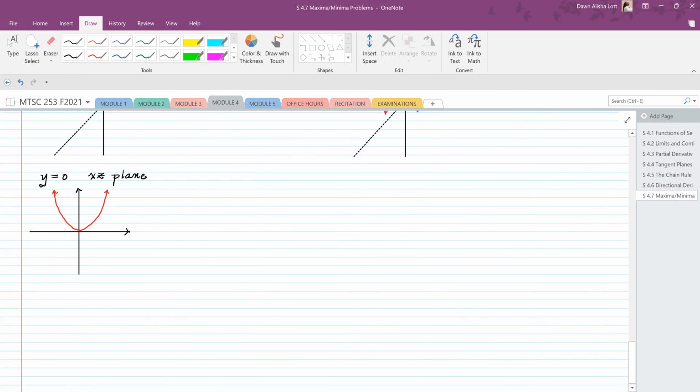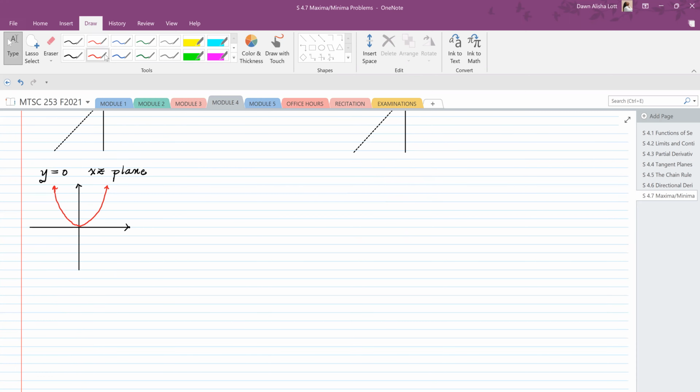And you can see then that z is only a function of x. So the partial of z with respect to x is equal to 0. It's a minimum.